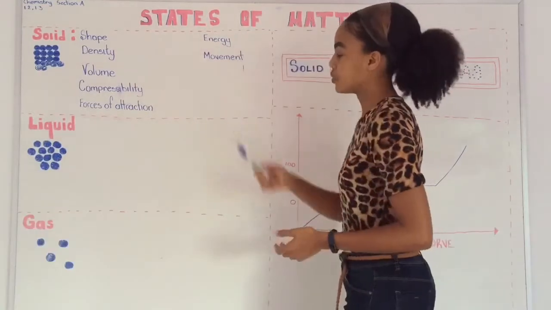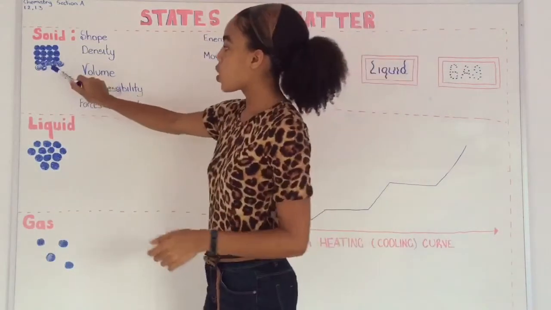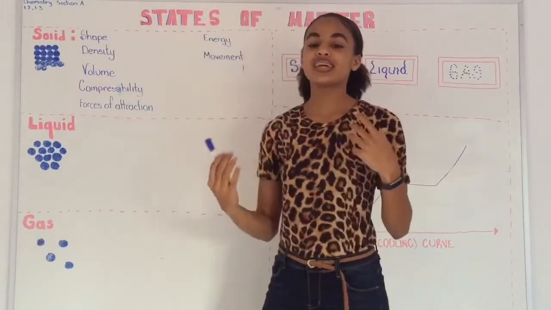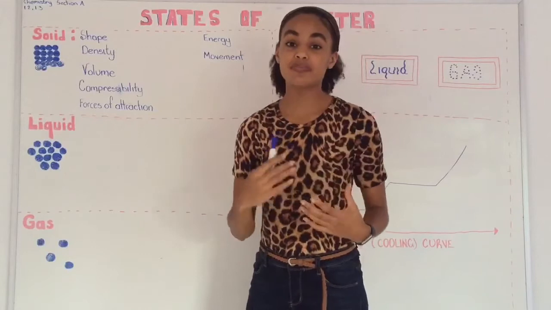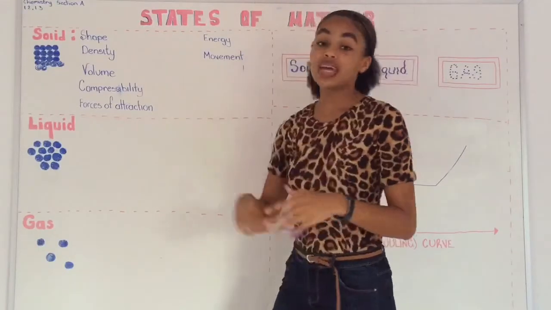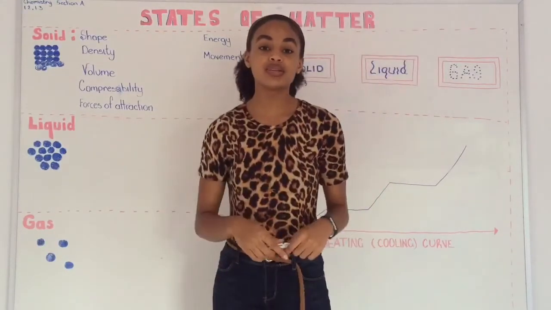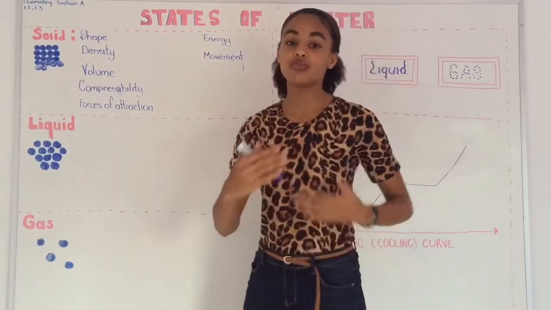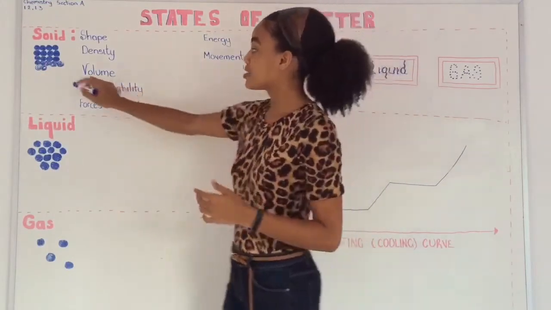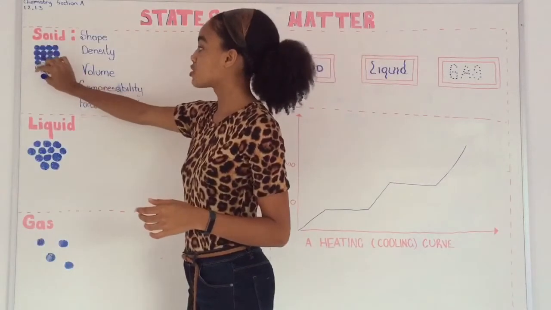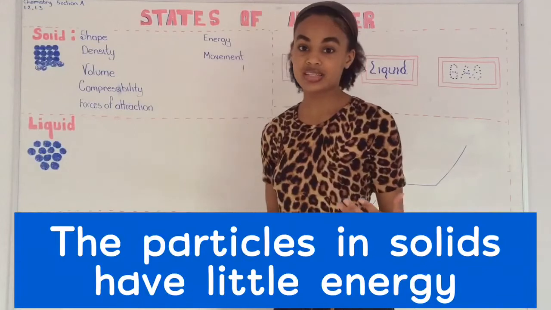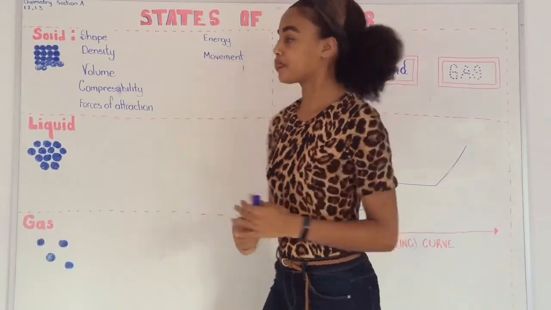Okay, energy and movement. Because of how tightly packed the particles in the solid are, we say that there's little energy in these particles. The energy that we're specifically talking about is kinetic energy. Kinetic energy is the kind of energy that you have when you're moving up and down. Because the particles have little or no space to move, we say that the particles in solids have little energy.